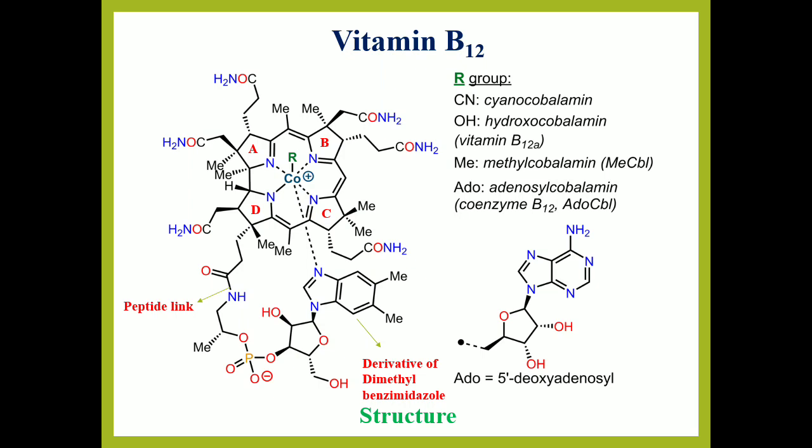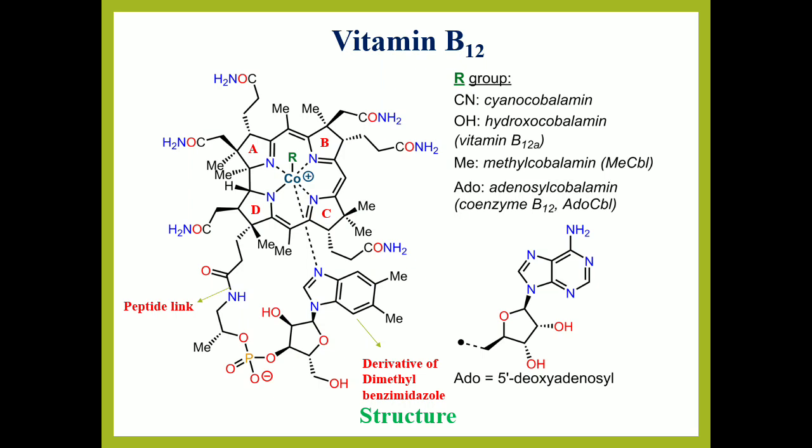Cobalt is present at the center of the ring, and one position is attached with a derivative of dimethylbenzimidazole, which is further attached to the ribose phosphate sugar, and the oxygen of phosphate is attached to the 2-methyl aminopropanol, which is further linked to the D ring with the peptide linkage.